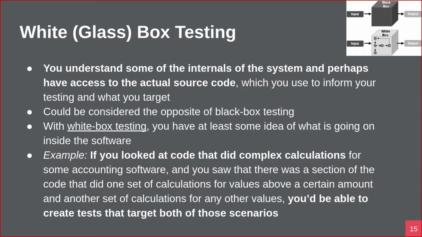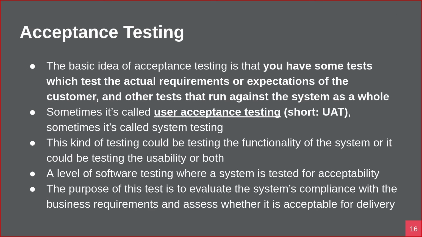So those are two kind of classic testing scenarios. There are a few other types of testing. Now I'm not going to go into them all in great detail, but we'll just cover them in a sort of basic way. So the first one is acceptance testing, or user acceptance testing. So the basic idea of this is that you have some tests that check the actual requirements or expectations of the customer.